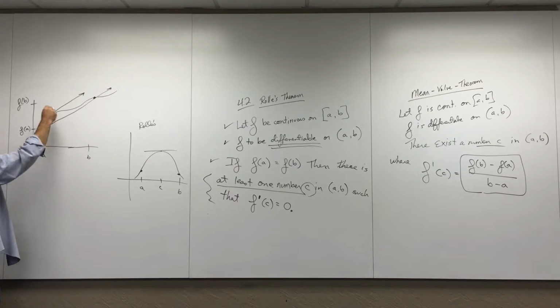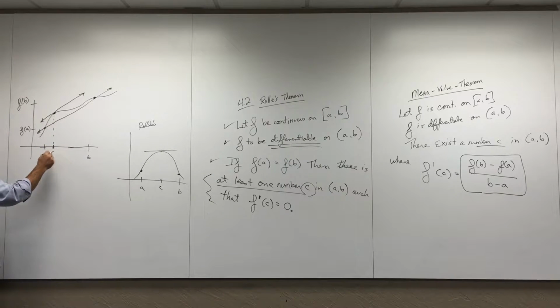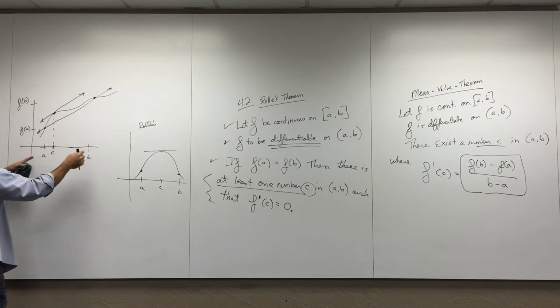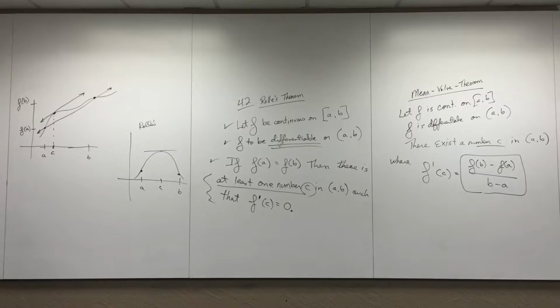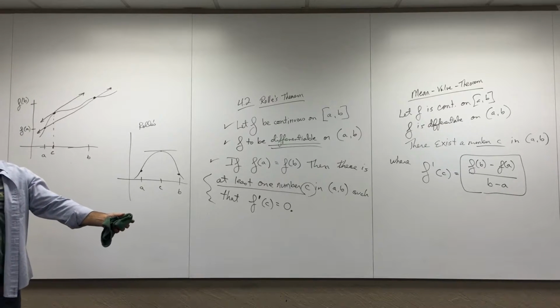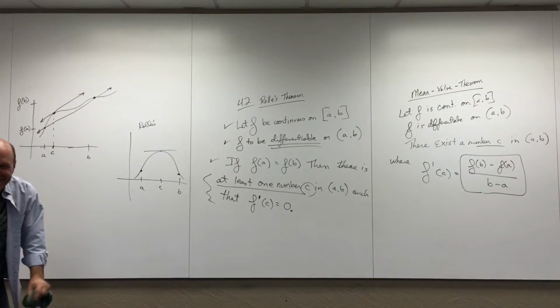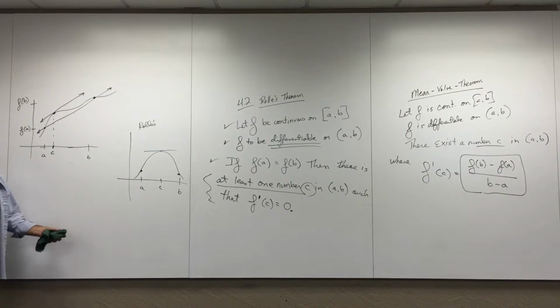Where the tangent line matches that slope. You following me? There is guaranteed to be a number c in that interval where the tangent line has the slope of those endpoints. Isn't that profound? Sorry, it doesn't seem too profound. It almost seems obvious, but maybe it's not obvious. It kind of is after you explain it and draw it.